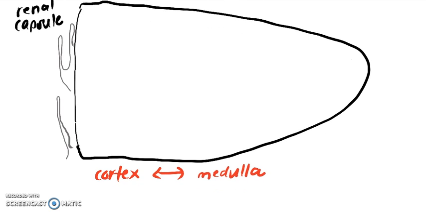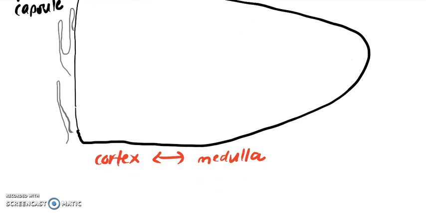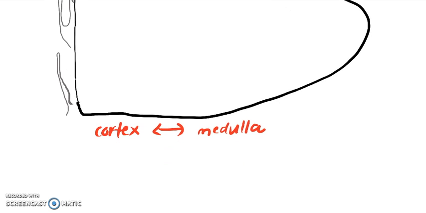Okay, but now, how do I tell when I go from the cortex region and then start the medulla region? If you remember, there was only one structure that was only in the cortex, not the medulla, and this structure is the glomerulus.